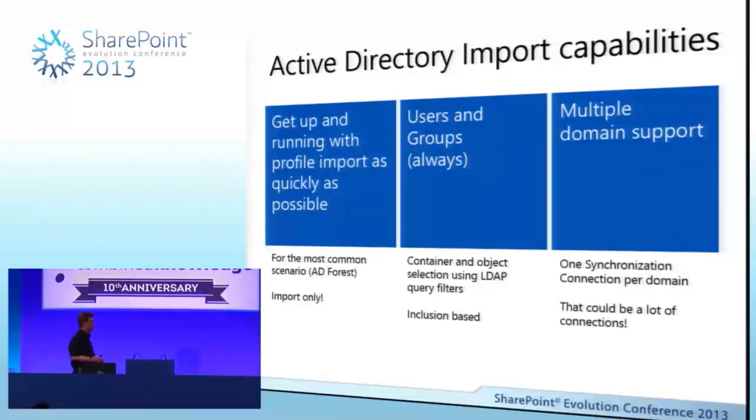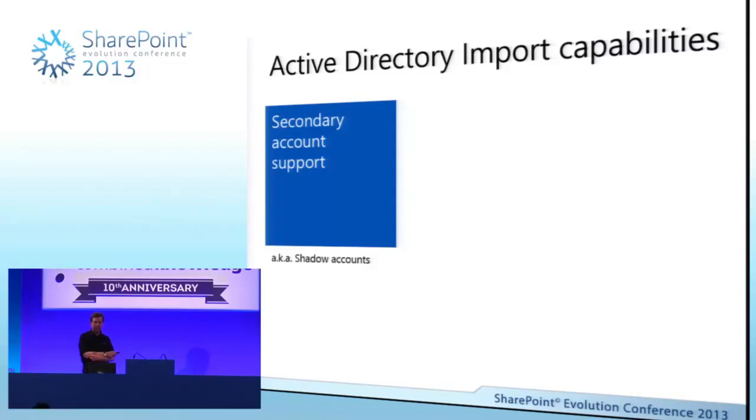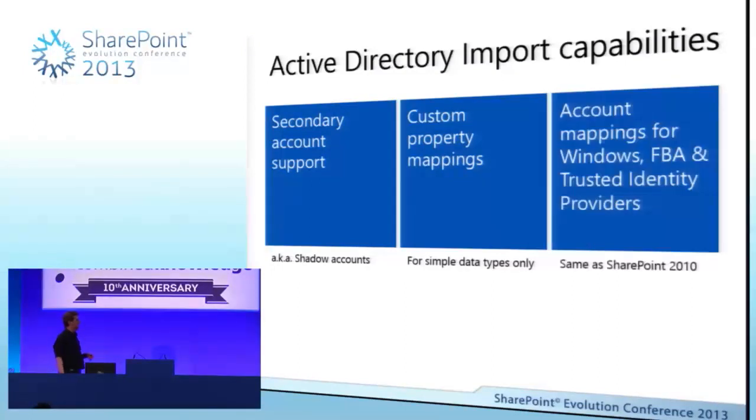The difference here is in UPS, it's forest-based, so we only need a connection per forest. We can also support secondary accounts or shadow accounts, as long as they are mapped correctly with the source DN attribute. We simply create a connection to both, and it will work just fine. We can do custom property mappings, and we can connect to the Active Directory using the same authentication mechanisms we could in the past.